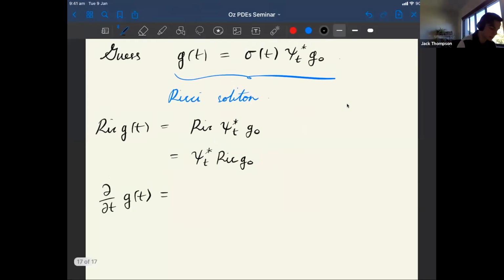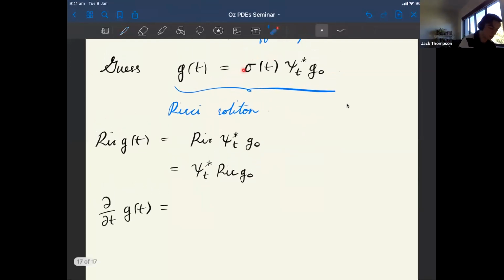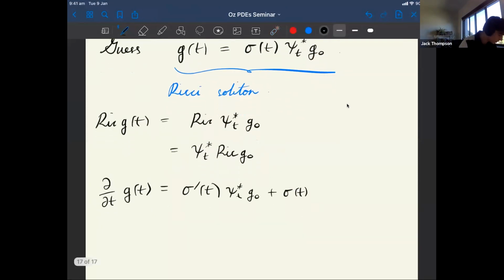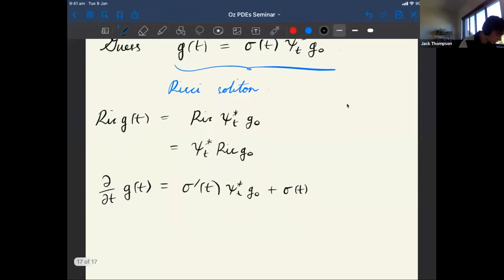Okay, so we can apply the product rule to this expression. So firstly we get sigma prime of t times this term plus, now I'm gonna be careful here.